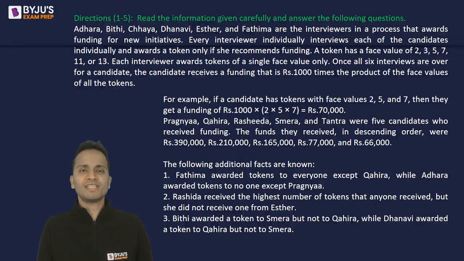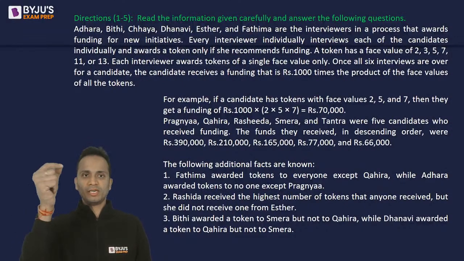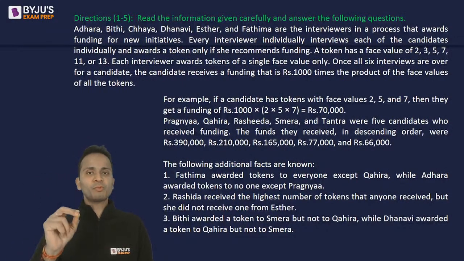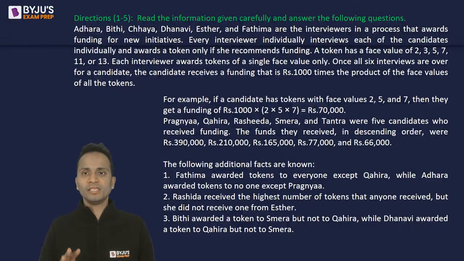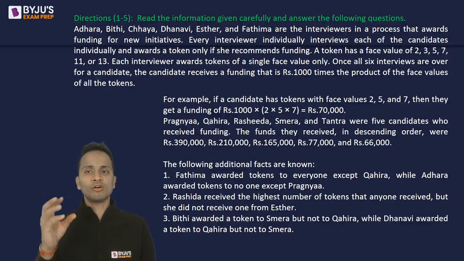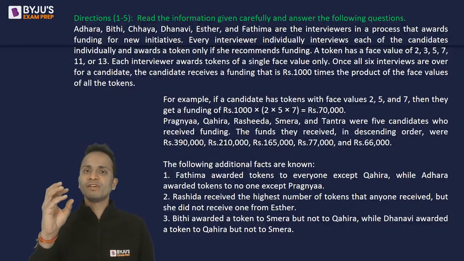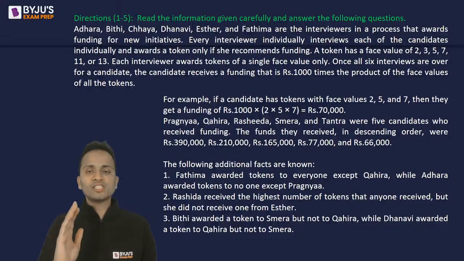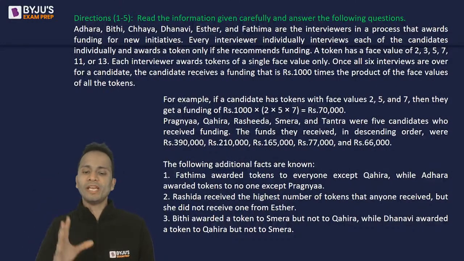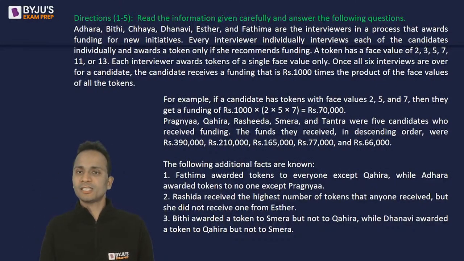Yes, they are prime numbers. Now each interviewer awards tokens of a single face value only. So if, let's say, Adhra is providing a token of face value 2, Adhra will give a token of face value 2 only to any of these candidates, right?